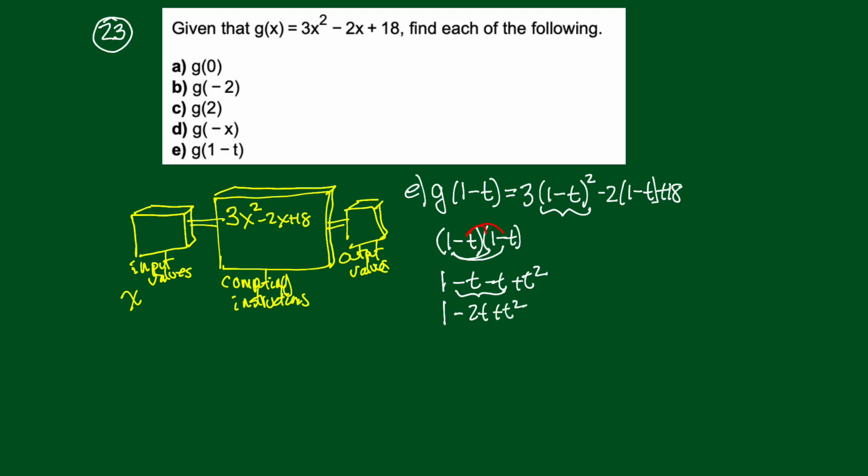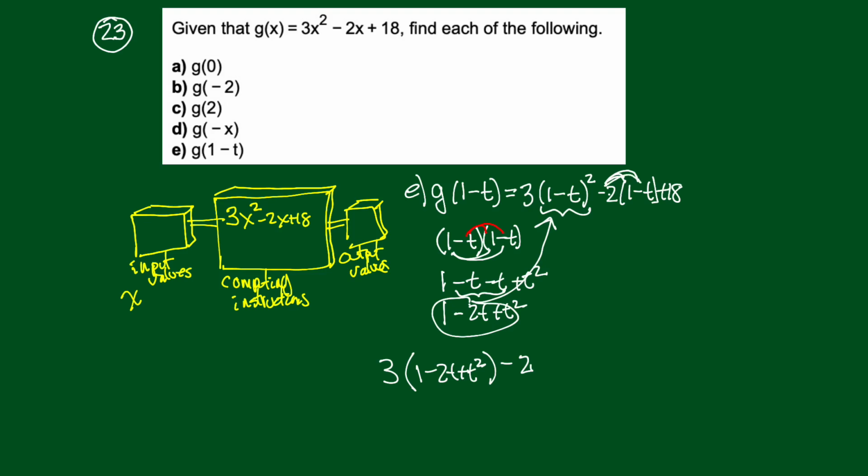All right, so now I've got this part right here. Right, so here's what we are. I have 3 times 1 minus 2t plus t squared minus, now take the negative 2 through. Negative 2 times 1 is negative 2.